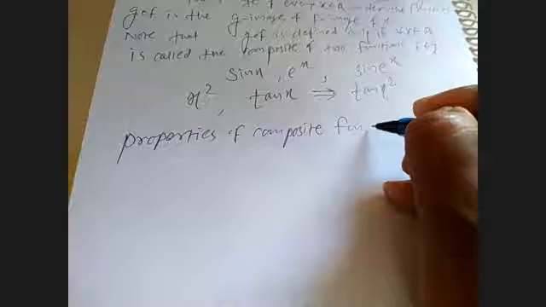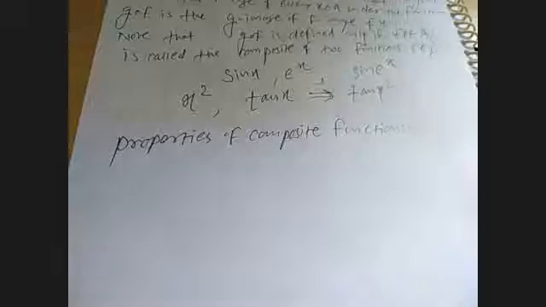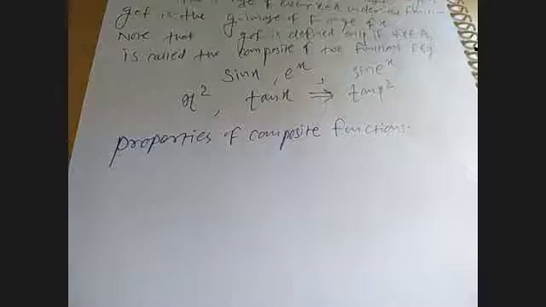Properties of composite functions. Number one, the composite of two bijections is a bijection.